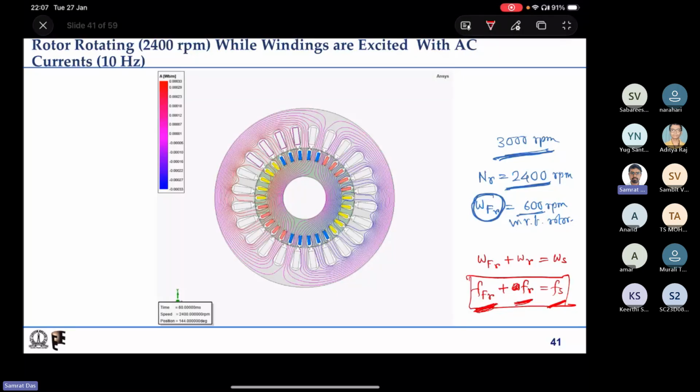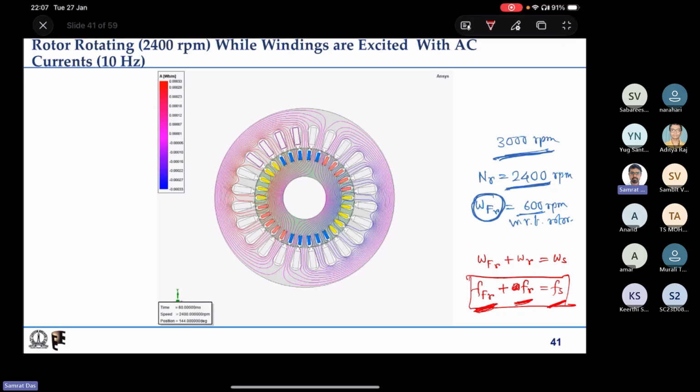So basically the stator magnetic field and rotor magnetic field, the difference should be 90 degrees for maximum torque. And actually in induction machines, that is the natural case, 90 degrees.